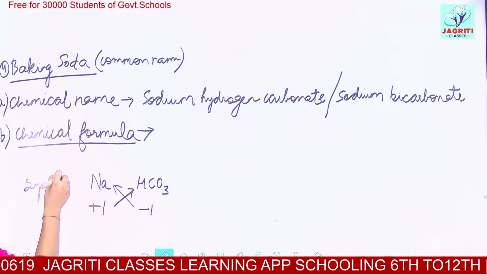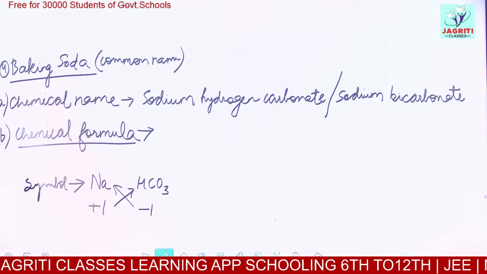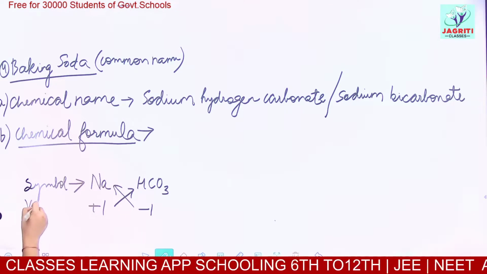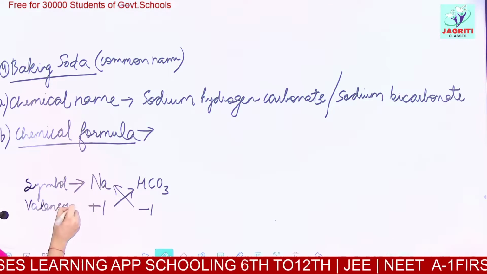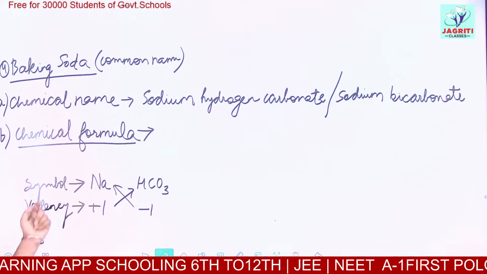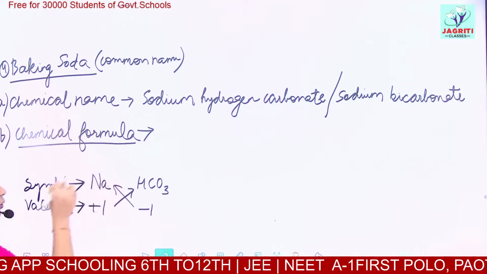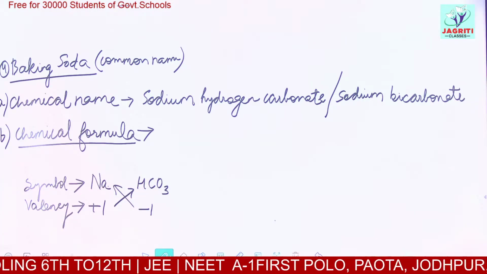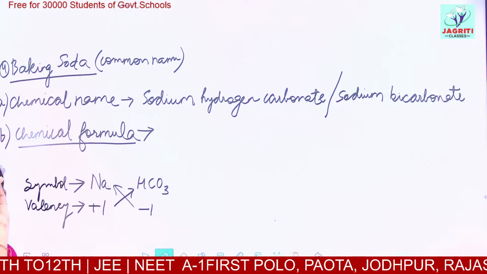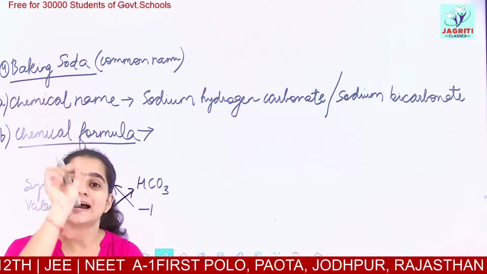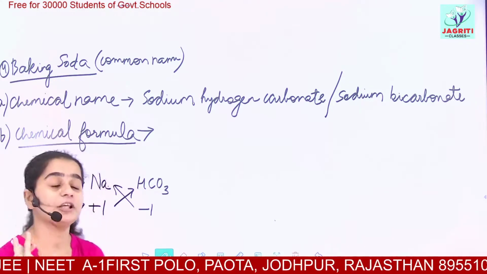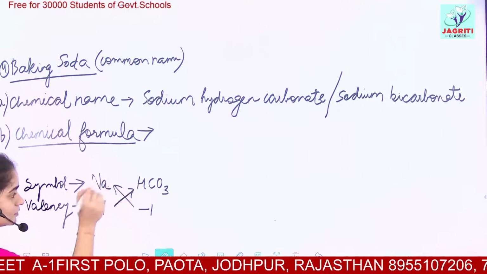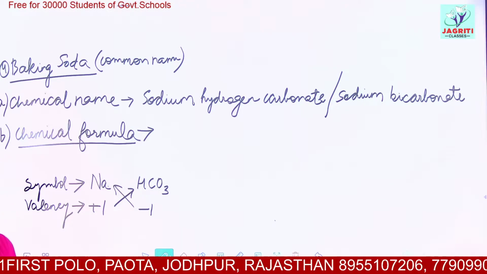For making formulas, you should know the symbol of the constituent elements and you should know their valency or charges. Knowing the symbol and valency, write them up and cross multiply the valencies. What we get is Na1HCO3. Never include the plus and minus charges while writing the subscript in the formula. We don't need to write 1.